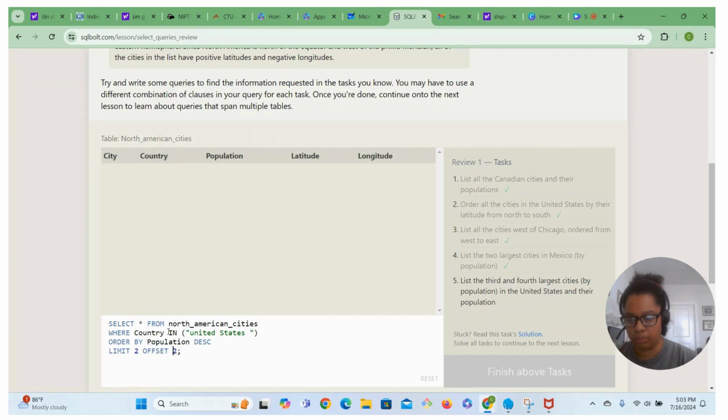So select, again, I'm just checking here, select country in United States, order by population descending and limit.